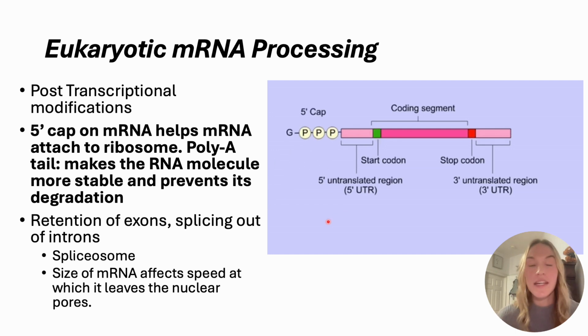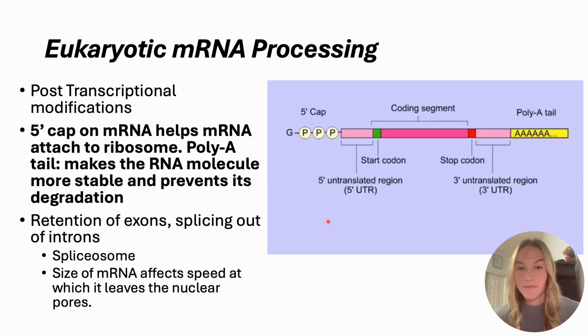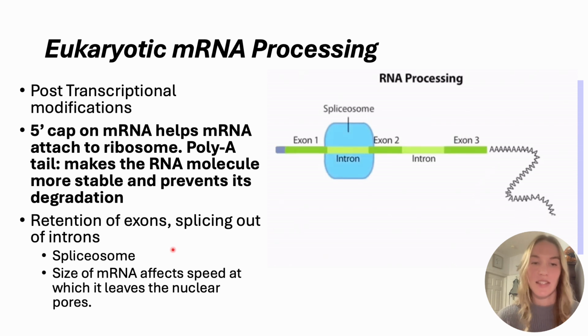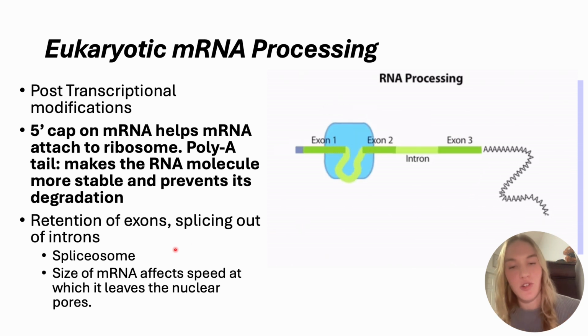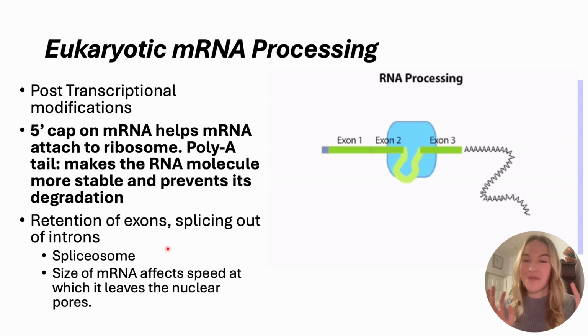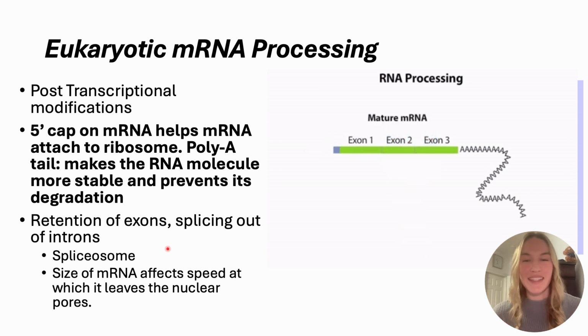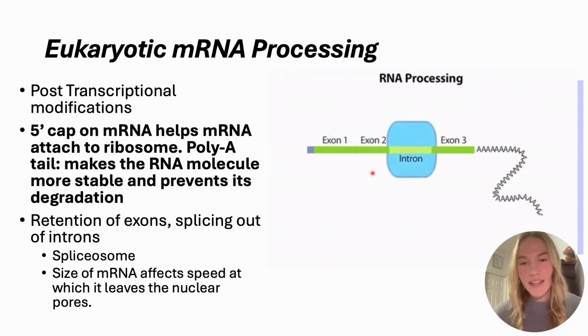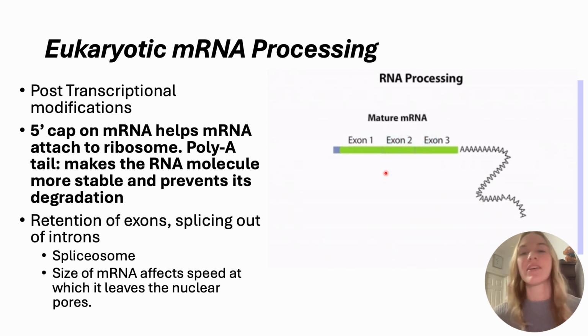Now, the other really important part of mRNA processing is splicing. So, what is splicing? Splicing is the retention of exons and splicing out of introns. To really ensure that you know what this means, there are regions in the DNA that are somewhat considered junk. That's the introns. Now, we don't really believe they're junk.